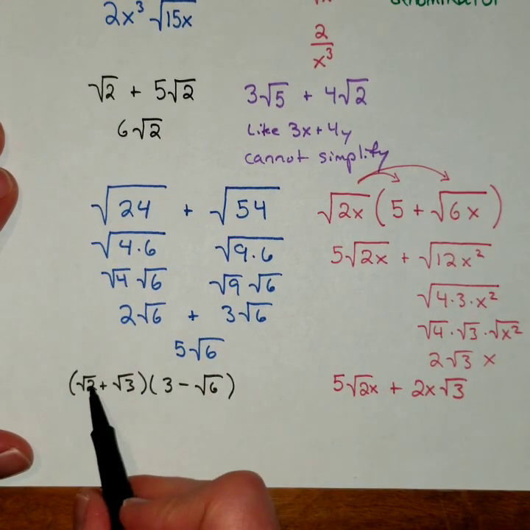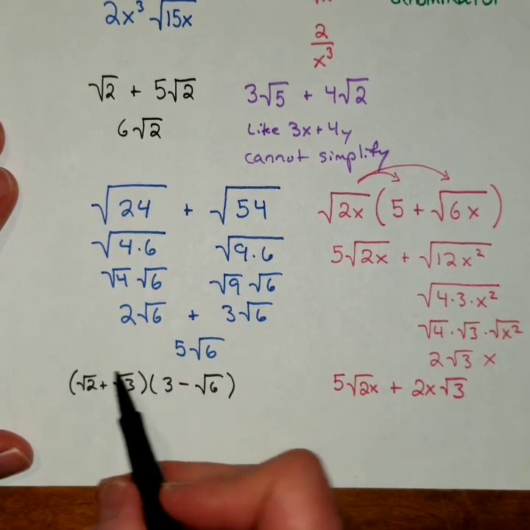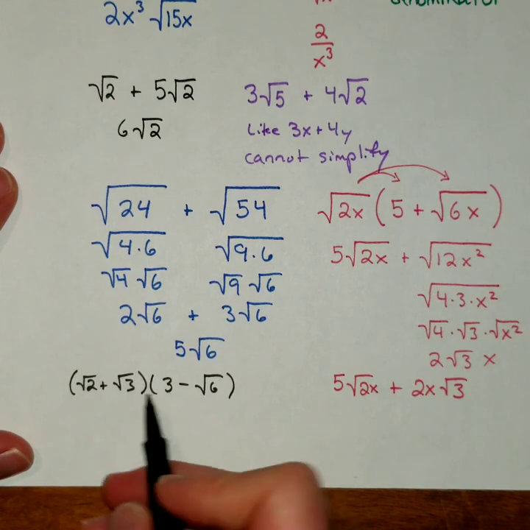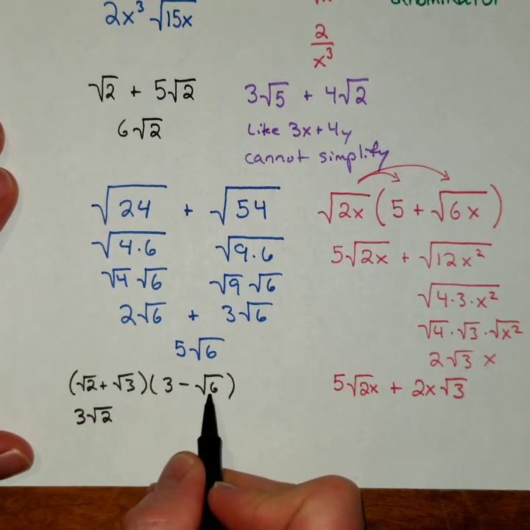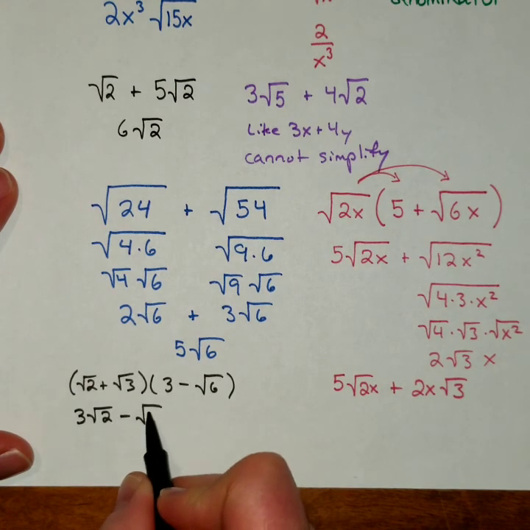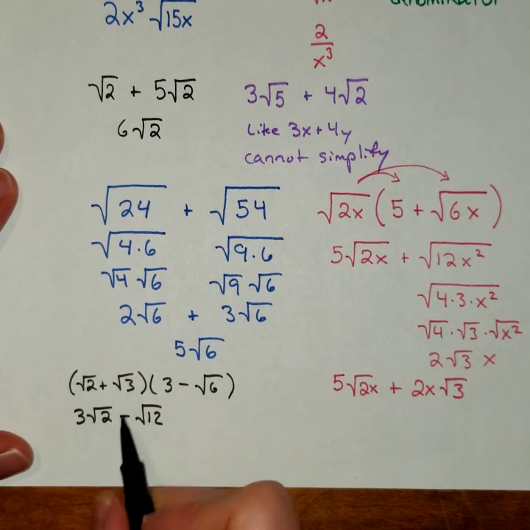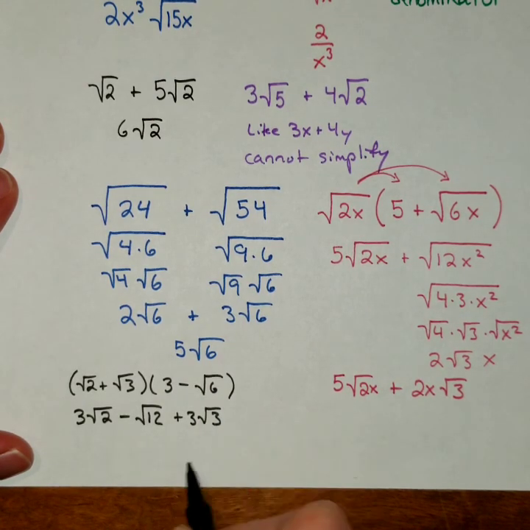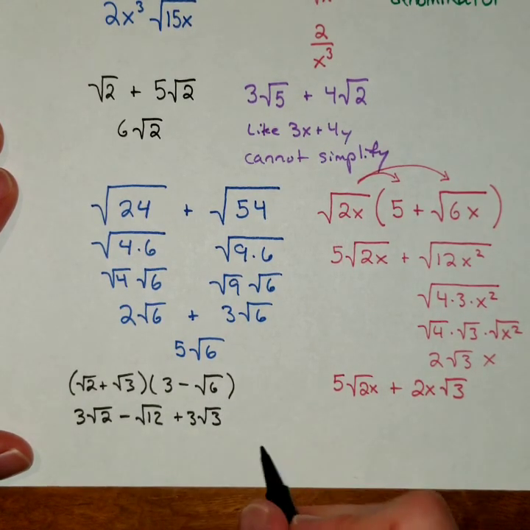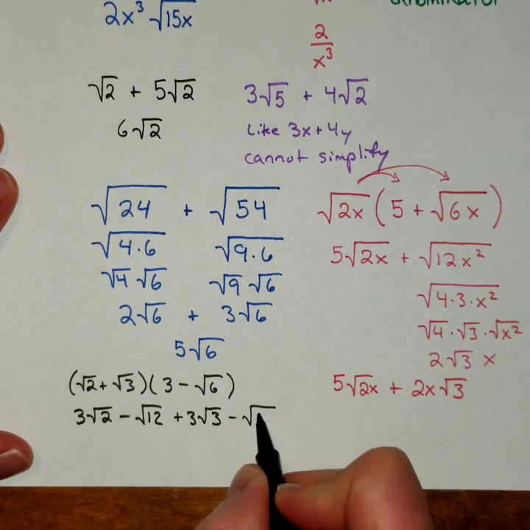And so here I can use the FOIL method, or the distributive property. Root 2 times 3 is 3 root 2. Root 2 times negative root 6 is negative root 12. Root 3 times 3 is 3 root 3. And root 3 times negative root 6 is negative root 18.